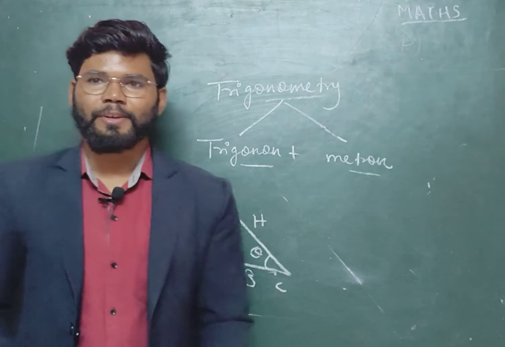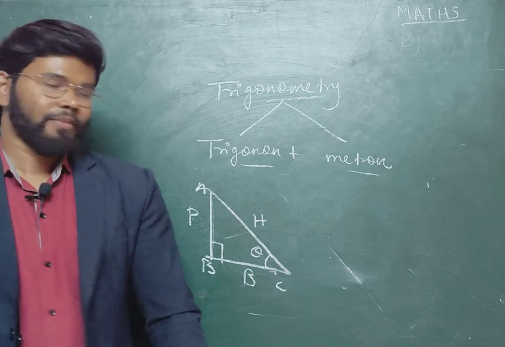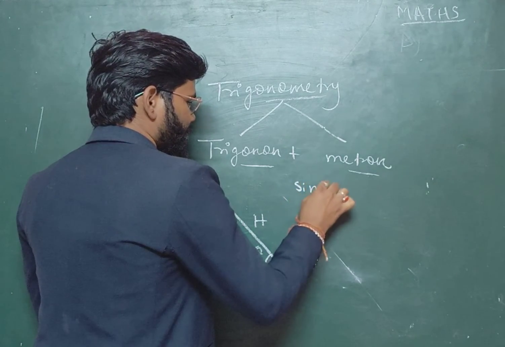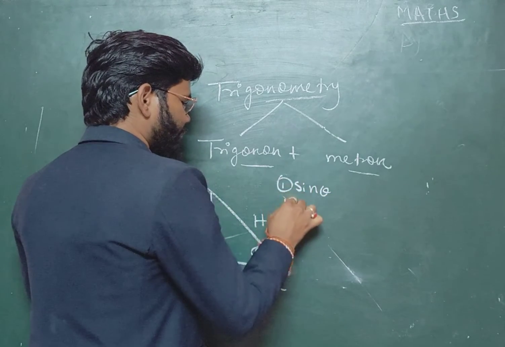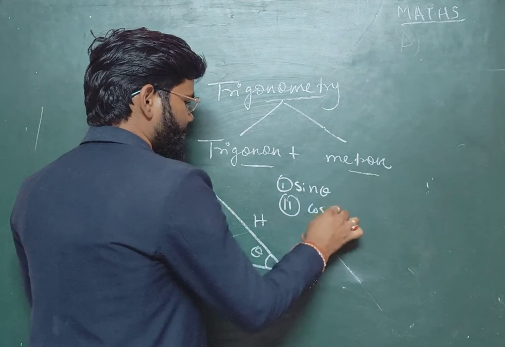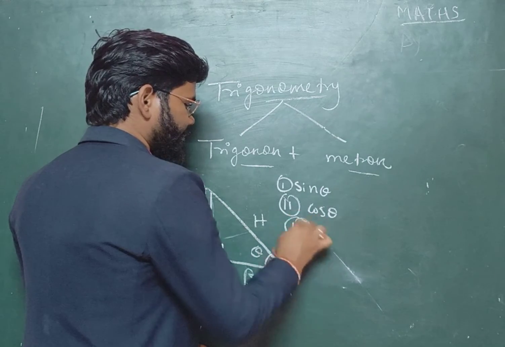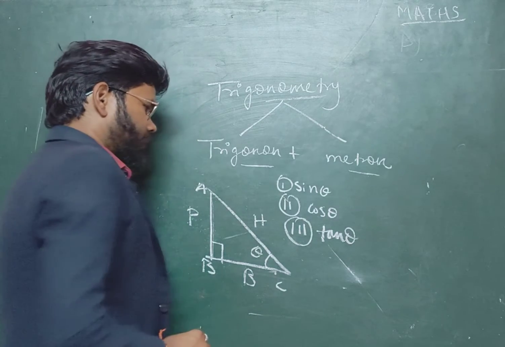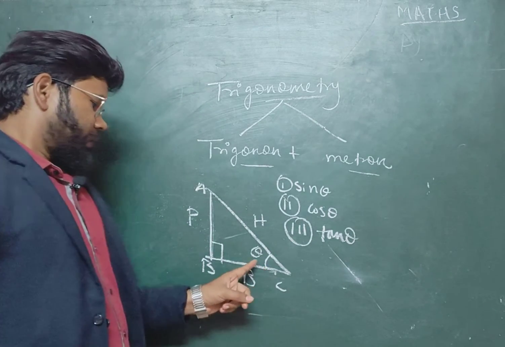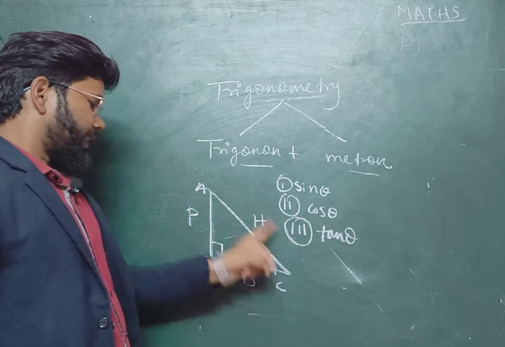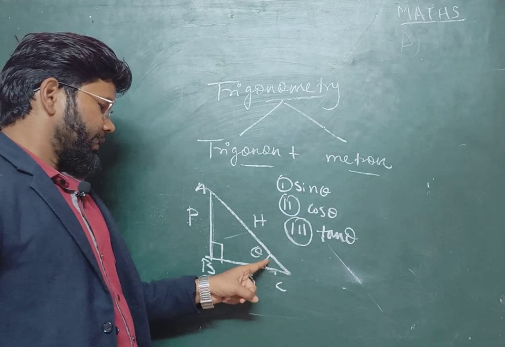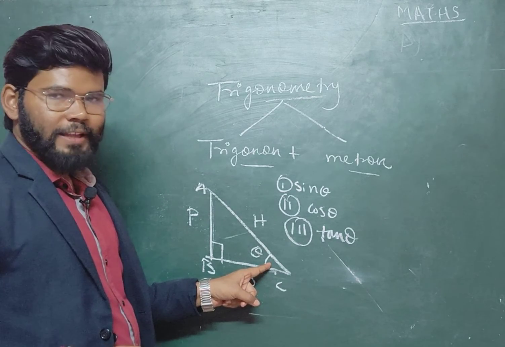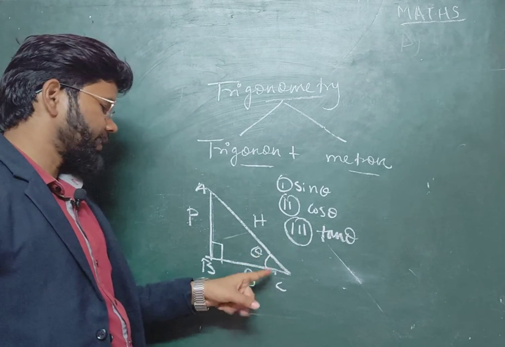So there are six trigonometric ratios. The first one is sin theta, the second is cos theta, and the third is tan theta. See here, suppose this is the right angle triangle ABC, and at angle C the angle is theta. Theta represents the angle.